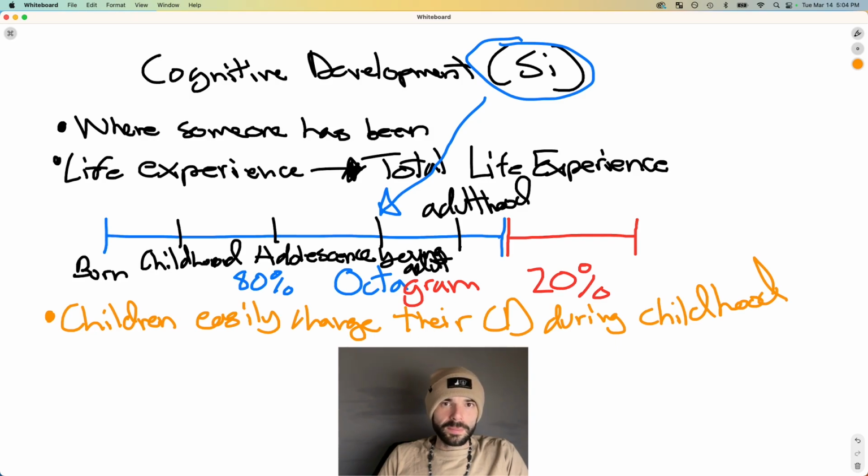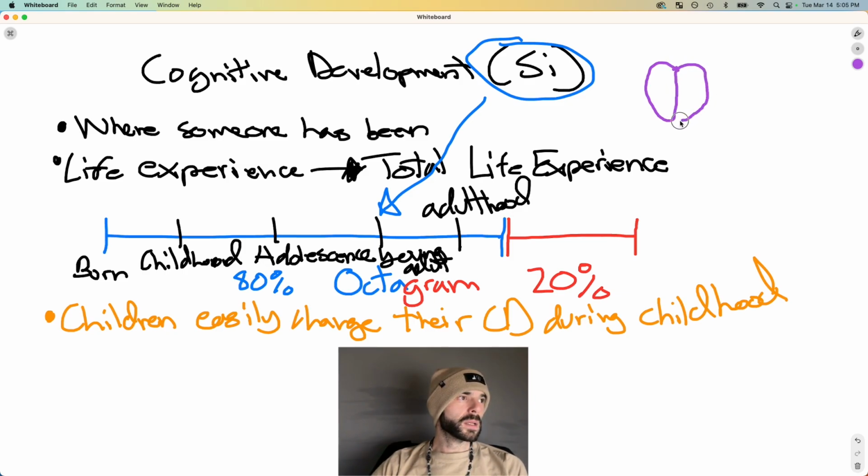As you get older, your perception of time changes. So for example, let's imagine the size of your brain. We're going to make a brain here. One brain.